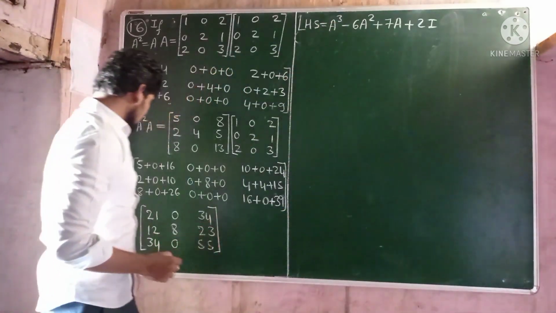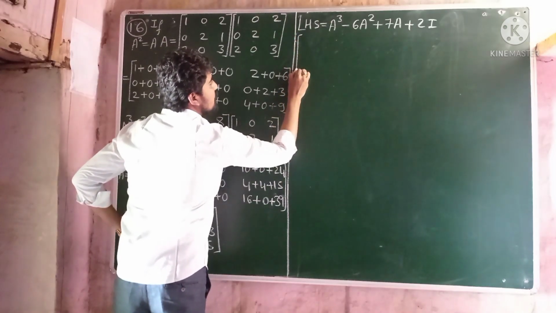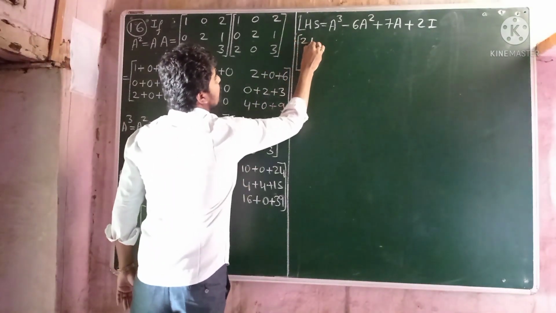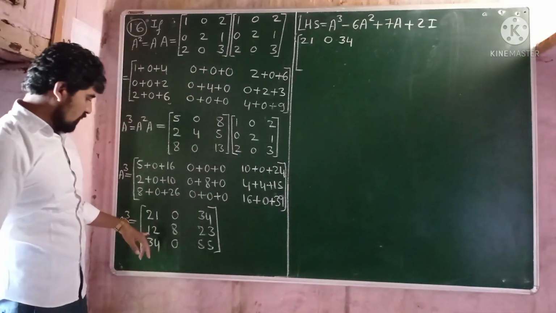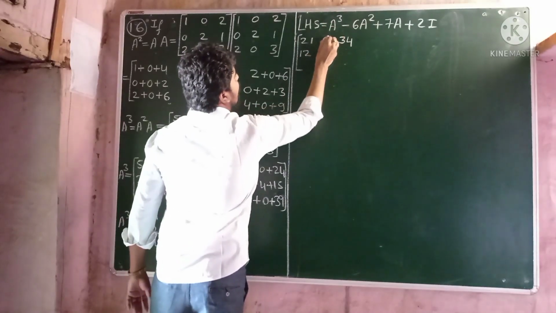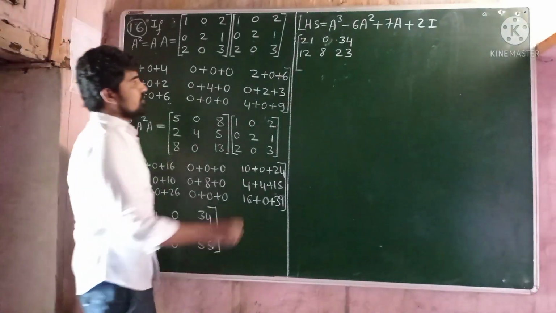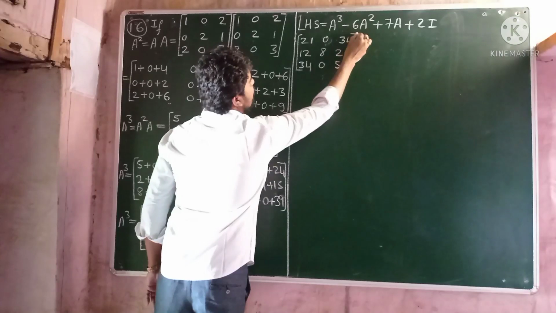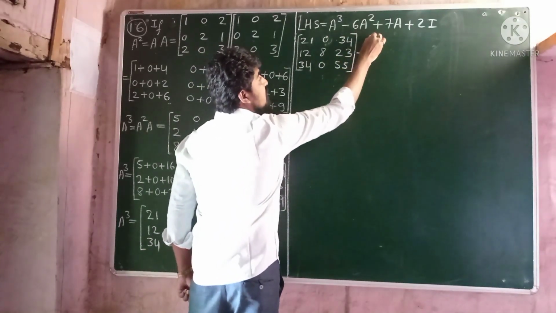The A cube matrix, already obtained, is given by 21, 0, 34, 12, 8, 23, 34, 0, 55, minus 6 into matrix A square.